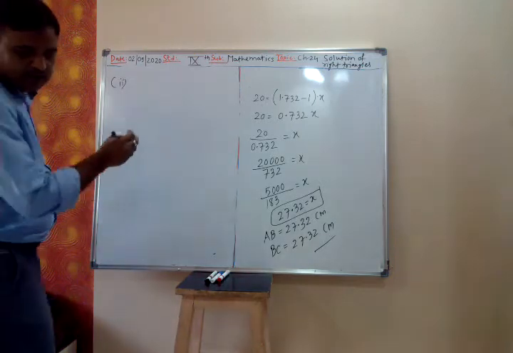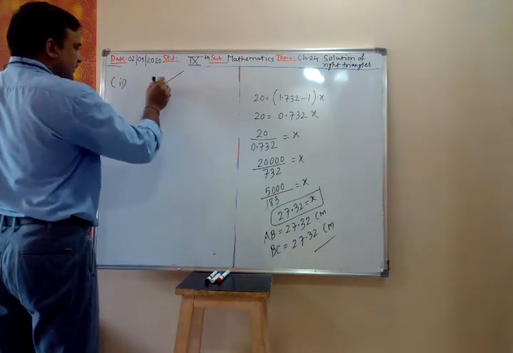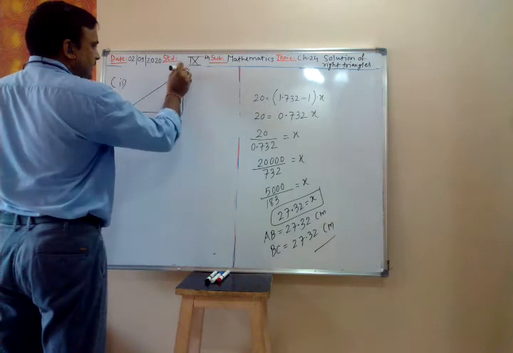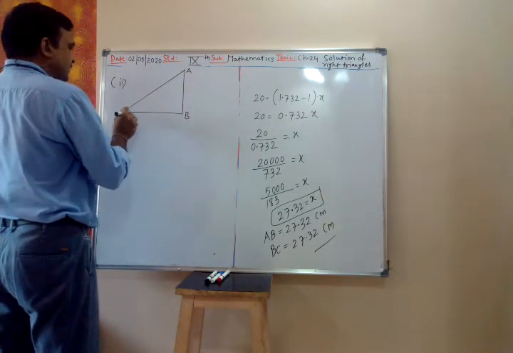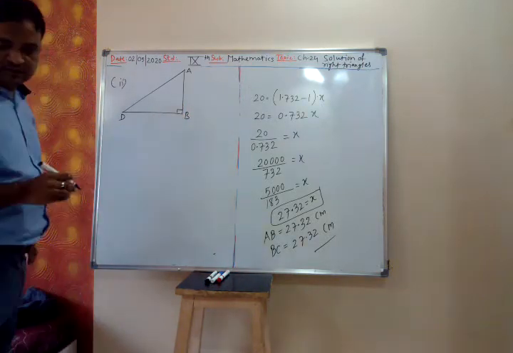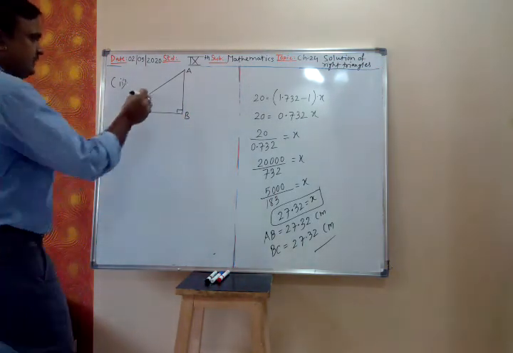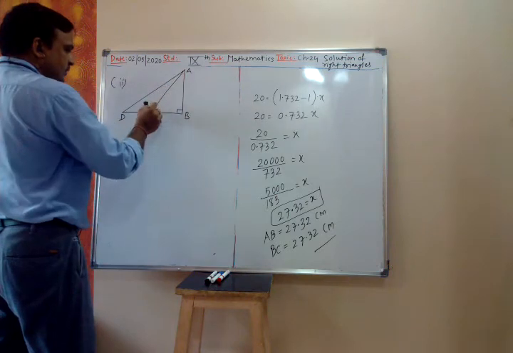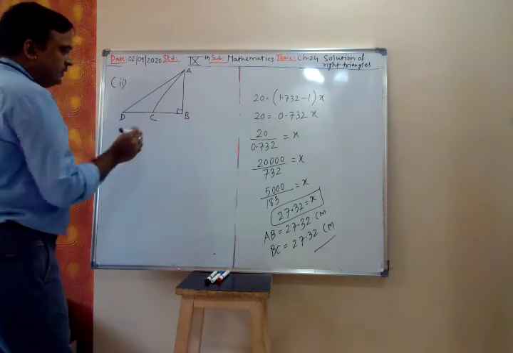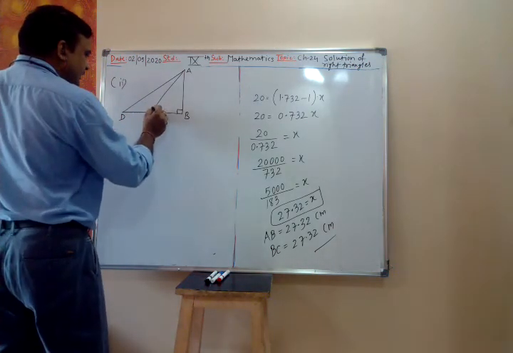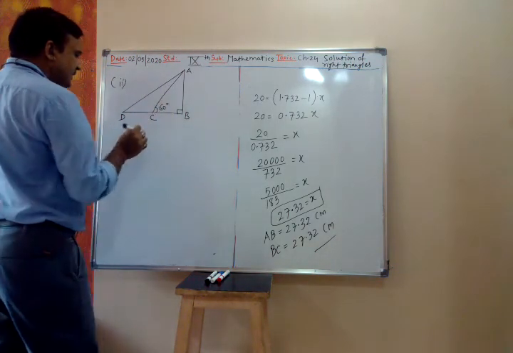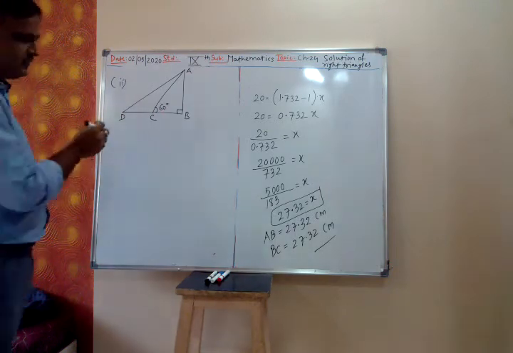We are given the triangle ABD. B is 90 degree. Then AC, then reference angle C is 60 degree. This is 60 degree. Then D is 30 degree.